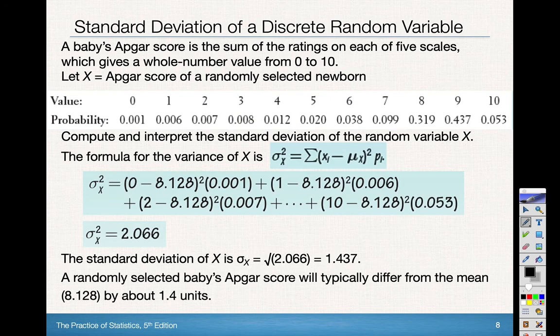You need to know an interpretation. It means a randomly selected baby's APGAR score will typically differ from the mean by 1.4 units. Again, this is in many, many repetitions. So in many, many repetitions, a randomly selected baby's APGAR score typically varies from the mean by 1.4 units.